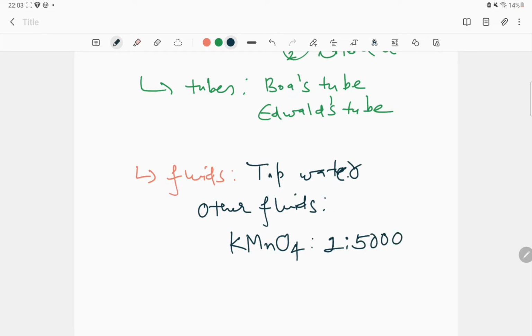But in case of opium poisoning, KMnO4 dilution is 1:500. This is a very important point. In opium poisoning, KMnO4 is diluted in concentration 1:500.